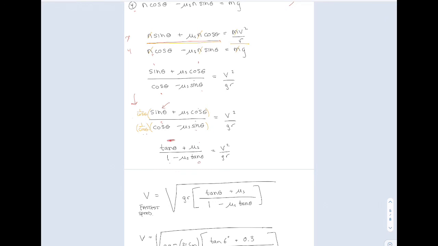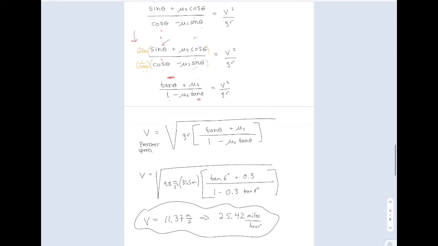Now I have two trig functions instead of four. I just solved that for v, put in the values, got my speed, and converted that to miles per hour. So the car can go around the icy curve with no friction at 12.75 miles per hour.